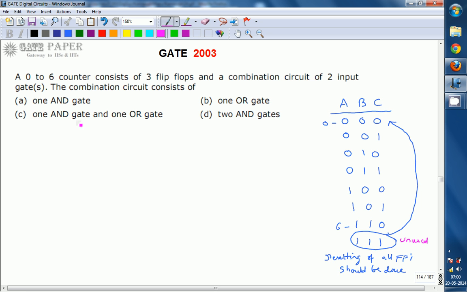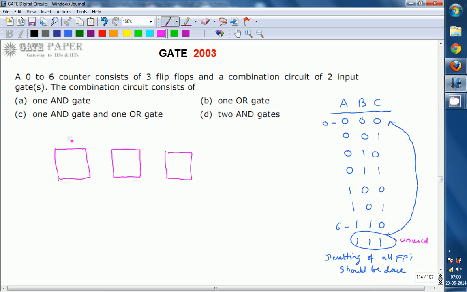So those are the 3 flip-flops I am now drawing. Let us assume these are the 3 flip-flops, and it has some additional circuitry.